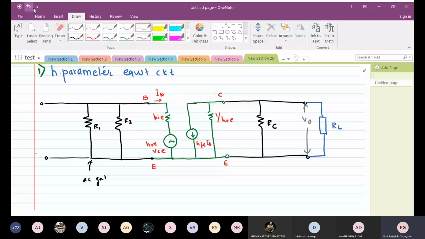Which is one and the same. Then at the input side, I have the signal source. This is your VS. This is your RS.